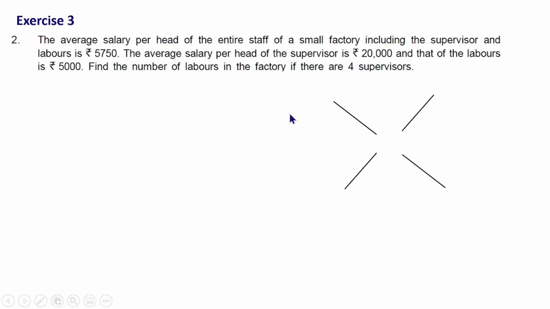Here the person receiving more salary is the supervisor and the person receiving less salary is the laborer. So here we have the laborer's salary, rupees 5,000, and the supervisor's salary, rupees 20,000.